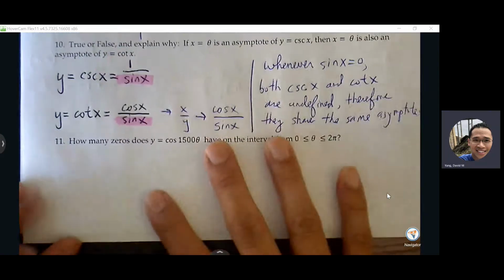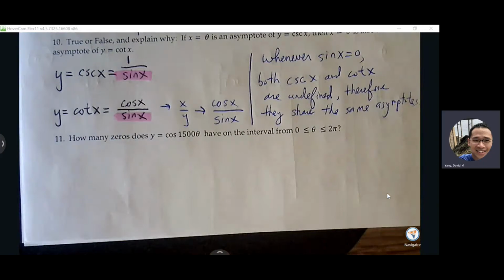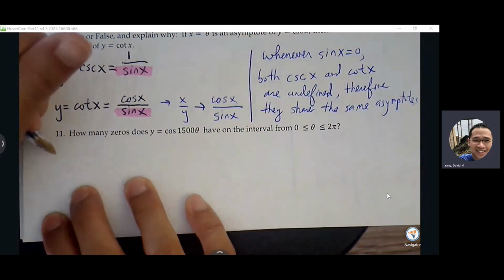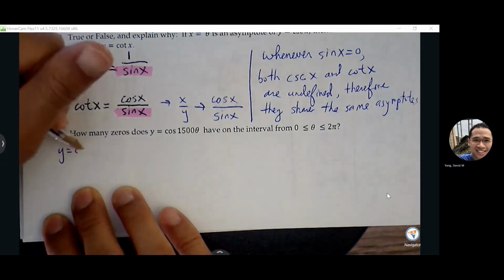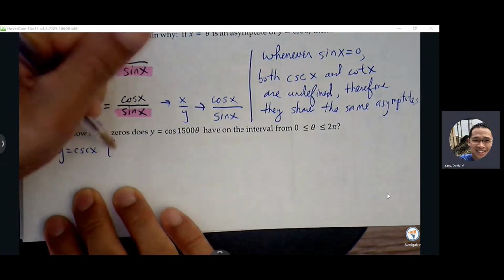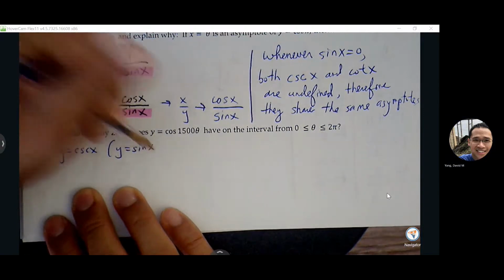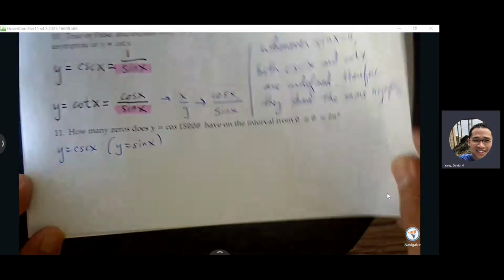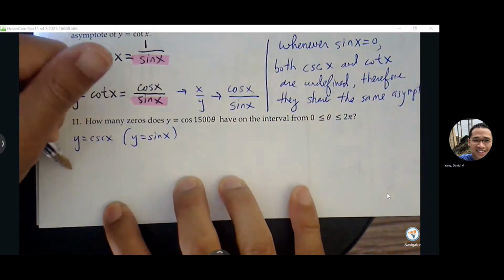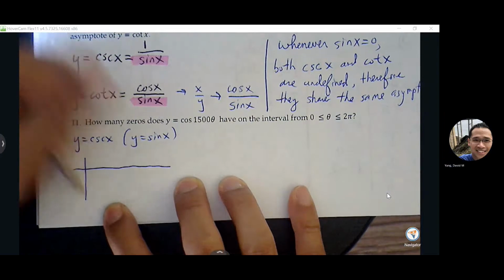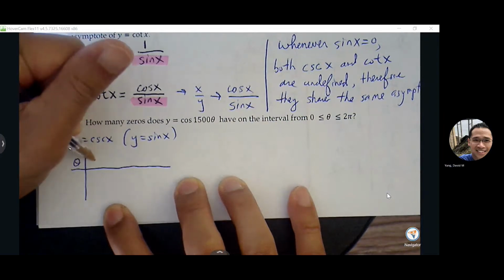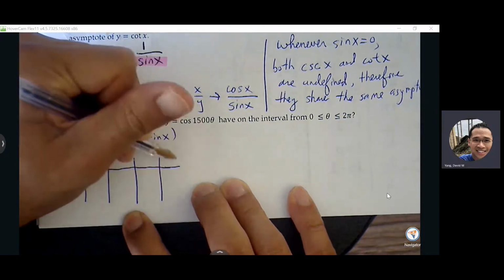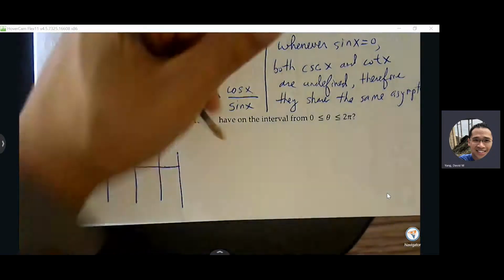I'll show you this in full detail, so you can be convinced that they are going to share the same asymptote, right? We know that cosecant is related to sine. Let's build out what we know about the sine graph. Sine looks like this. The original sine graph has period 2 pi.